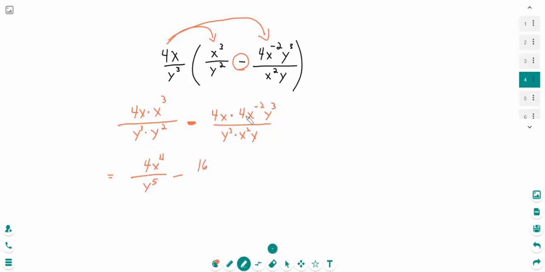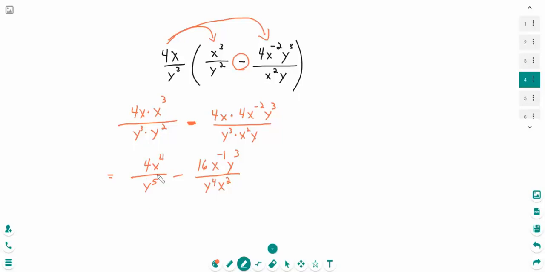And we have an x times an x to the negative 2. Well, that's going to be x to the negative 1. And then we have just a y to the 3 all by itself. In the denominator, we have a y to the third times a y to the 1. Well, that's going to give me y to the fourth, and then we have an x squared left over. So now we've simplified.